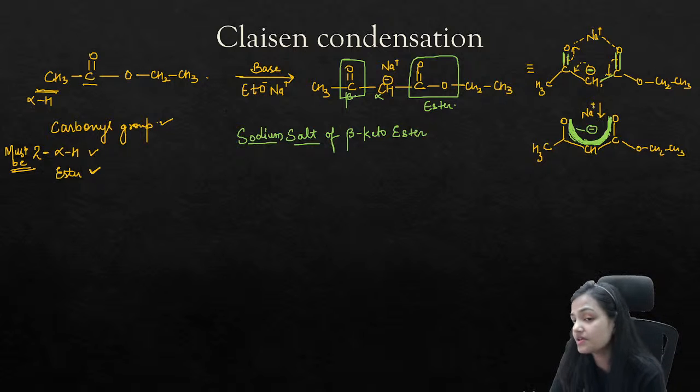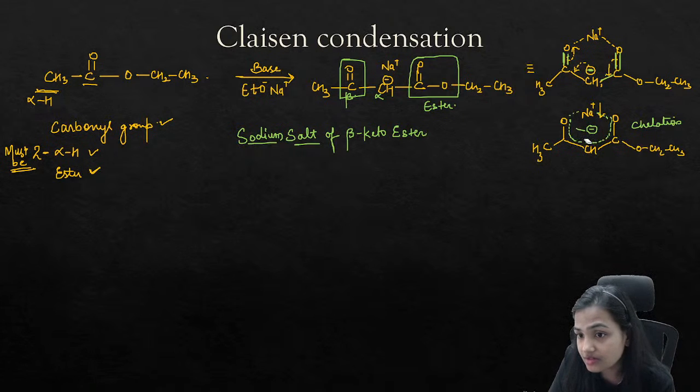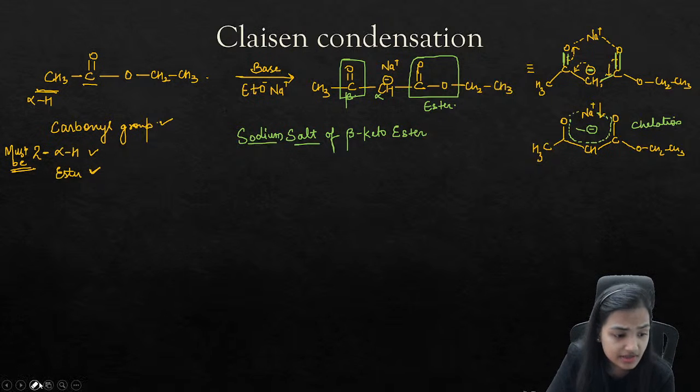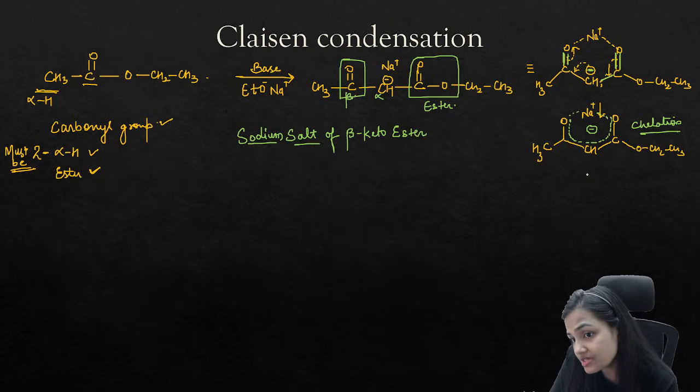Ultimately here we have Na positive, so it will form an ionic bond. In a way, we will have an ion dipole interaction, and because of this ion dipole interaction it will result in the formation of a ring which is known as chelation, and this chelation gives you a stable product. Got it? So this negative charge is moving from this to this, that's why we say this is a chelation, and ultimately this will be a stable product.